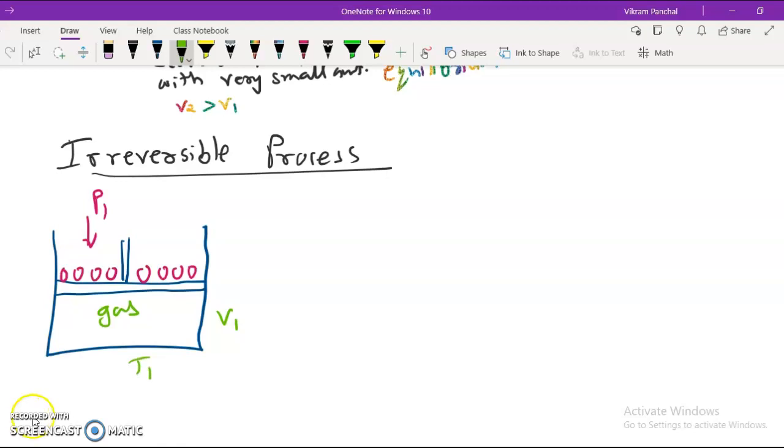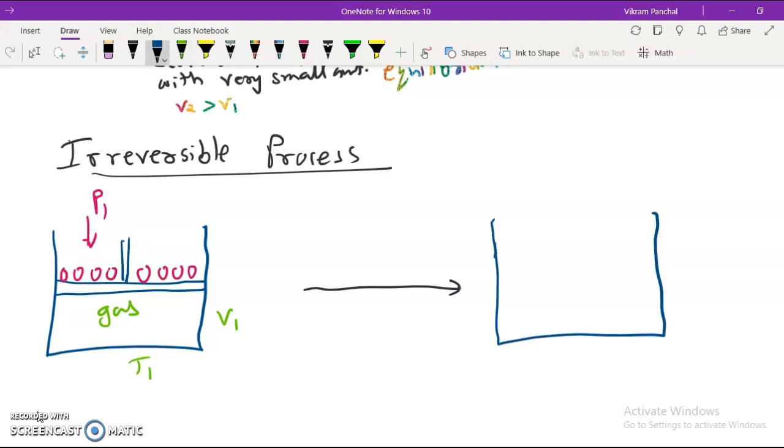Temperature is T1. Now, keeping T constant, if you give a sudden change, so that the piston suddenly moves upward, just keep only one pebble. Remove all pebbles simultaneously at a stretch, all at one time. So this will be the final volume V2, and here we have final pressure P2.